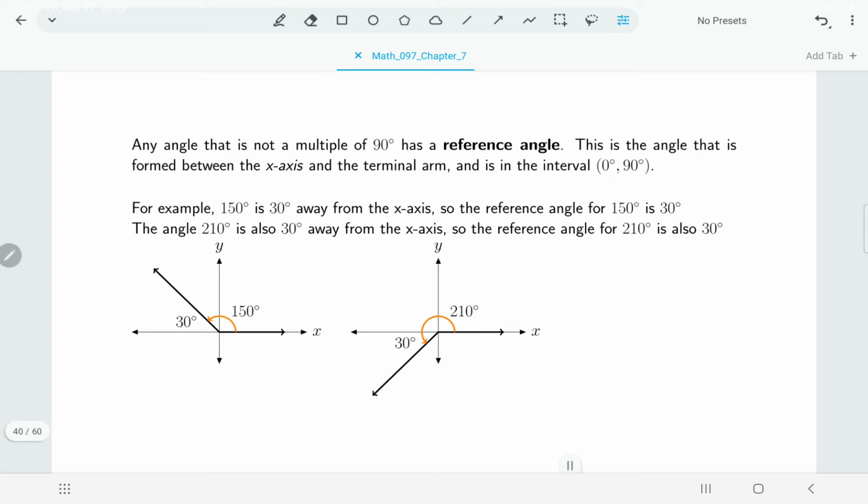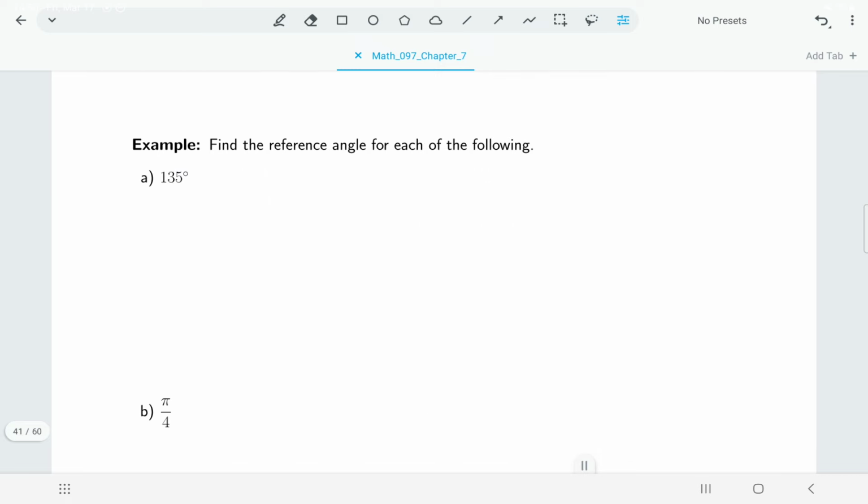When we're looking for our reference angle, all we need to do is draw our angle and see how far away from the x-axis we are. So let's do some of these. The ones in terms of degrees are probably the easier ones for us to think about because we're used to thinking about degrees. 135 degrees: 90 degrees would be up at the top and 180 degrees would be at the negative x-axis.